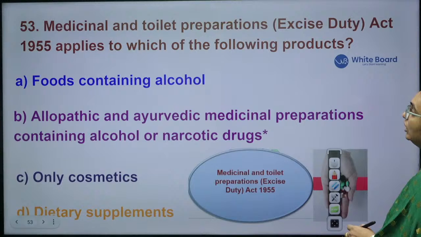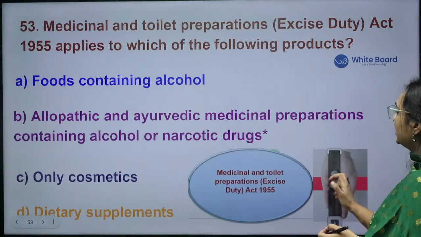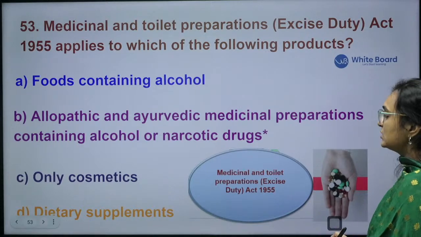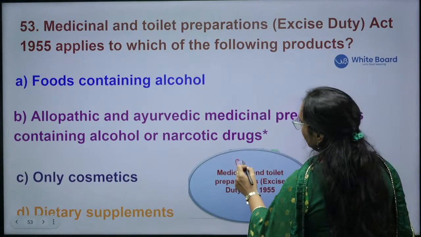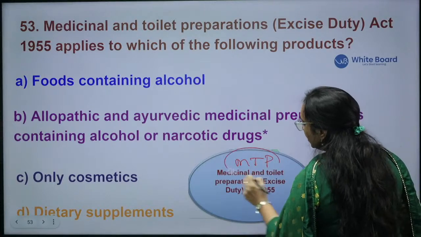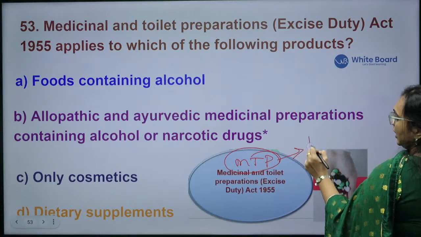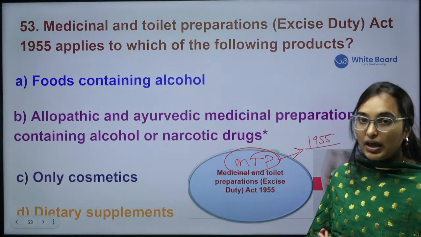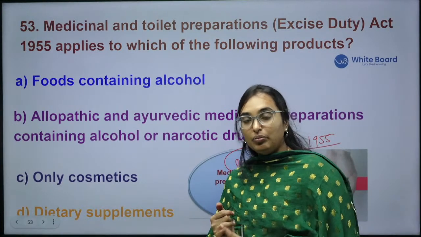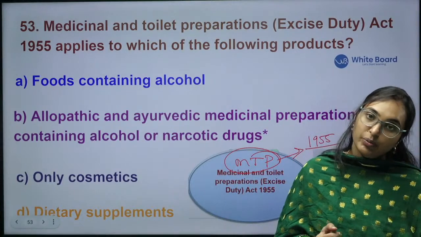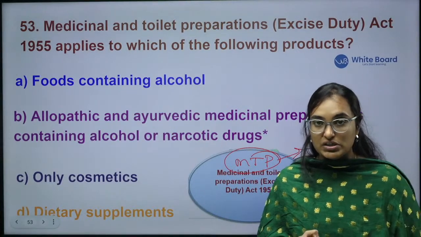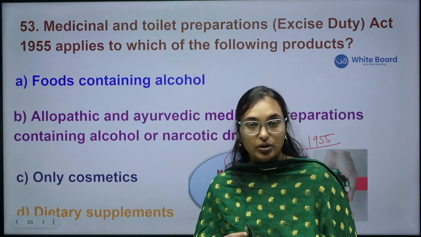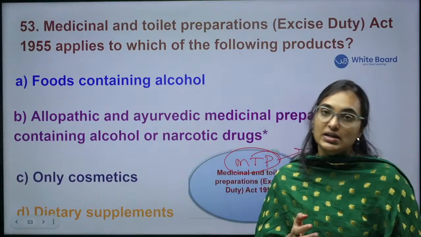Medicinal and Toilet Preparations Excise Duty Act 1955 applies to which of the following products? So MTP, the Medicinal and Toilet Preparations Act 1955, its intention is to collect the excise duty from Ayurvedic preparations and allopathic preparations which are using alcohol as an ingredient, and also some narcotics as their ingredients.